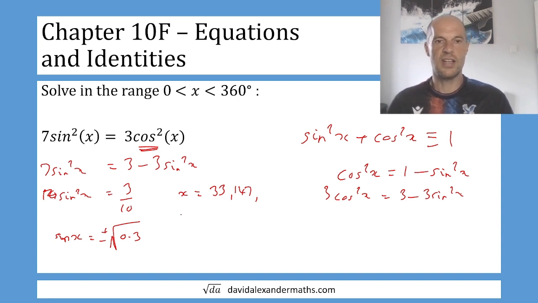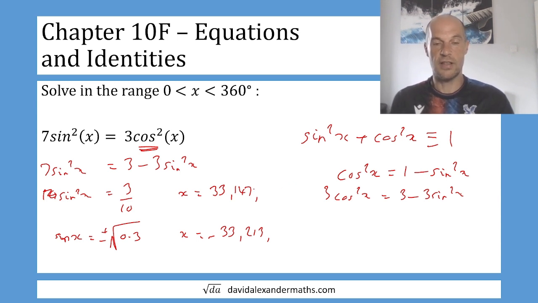Let's now consider the negative square root of 0.3. So minus the square root of 0.3 is whatever, and let's just shift sine that. So I'm getting minus 33. So I need to subtract that from 180, so I'm getting 213. And my next value is going to be minus 33 plus 360.